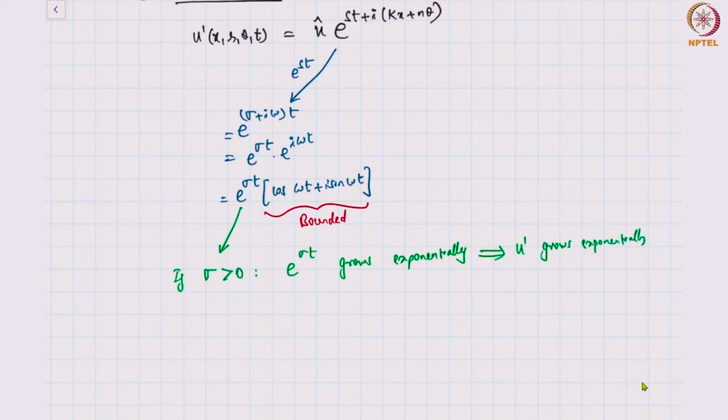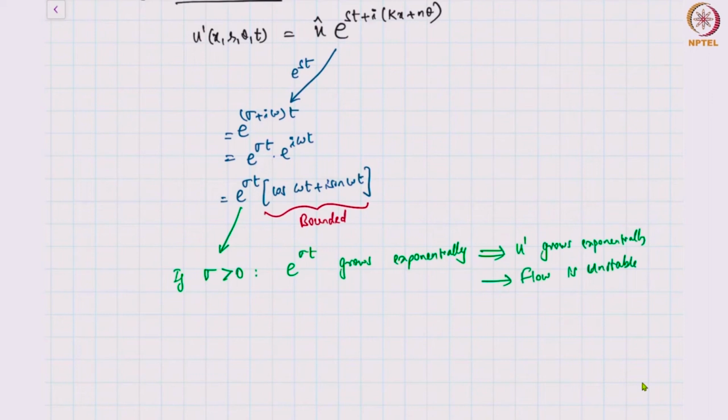We say such a state is unstable. We say flow is unstable. Okay. Now flow is unstable for some particular value of k and n. So in other words, you imagine that you're fixing k and n.